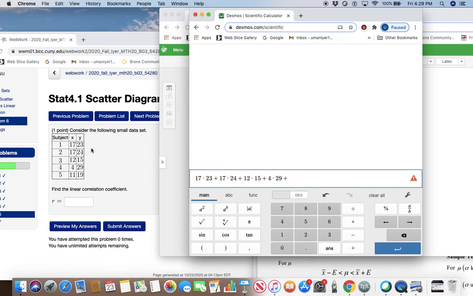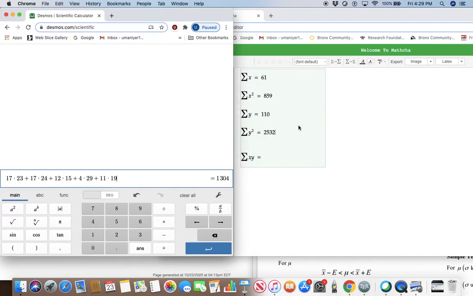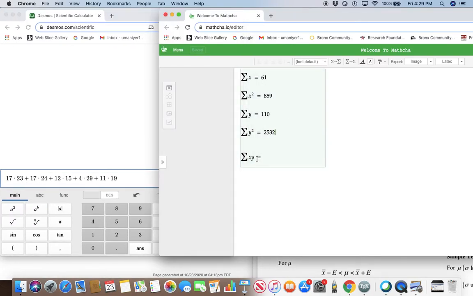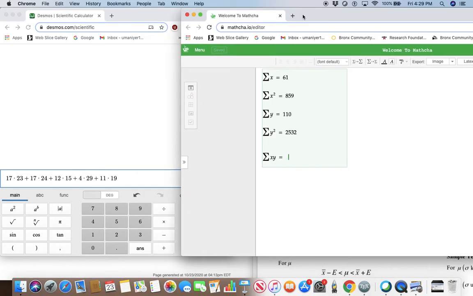Add 11 times 19. I get 1304. So adding all the products, we get 1304.